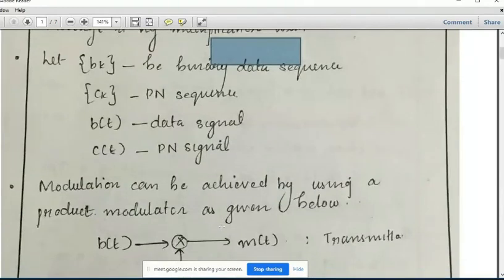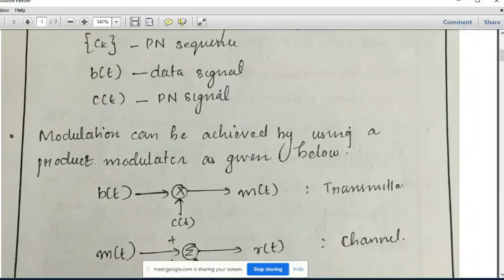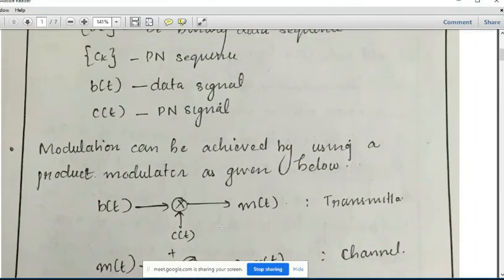The modulation is achieved using a product modulator as shown in the figure below.